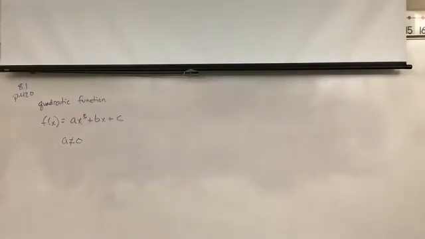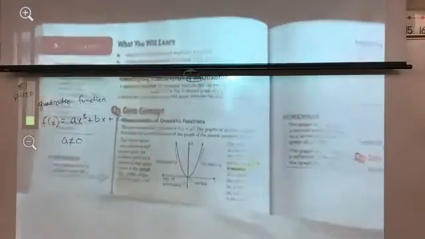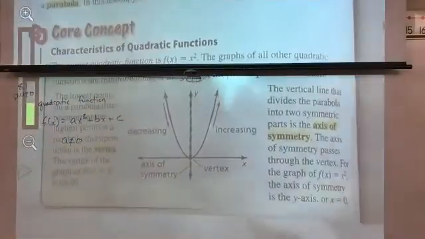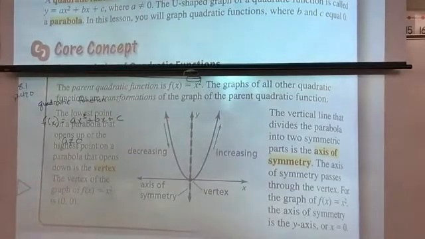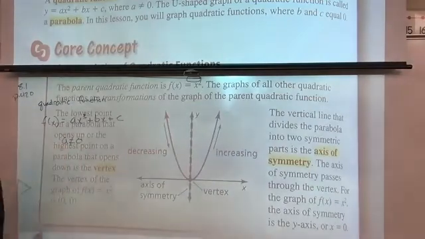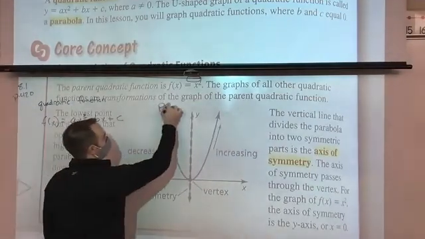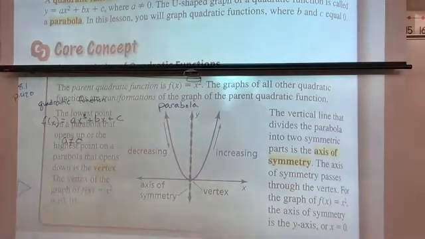Okay. All right, when we go to graph a quadratic, our graph is going to look like this. Okay, and this graph is called a parabola.